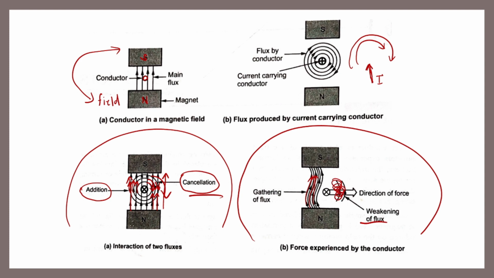So what will happen if weak ang usa, and the other side naay gathering of flux, mas kusog iyang force because of the addition, then there will be mechanical force. So that's why the direction of force is going to the right, tungod kay ani nagtapok sa portion nga gathering of flux. So that is the concept and principle why there is mechanical force going on for DC motors: there is addition and cancellation of magnetic lines of forces or flux.